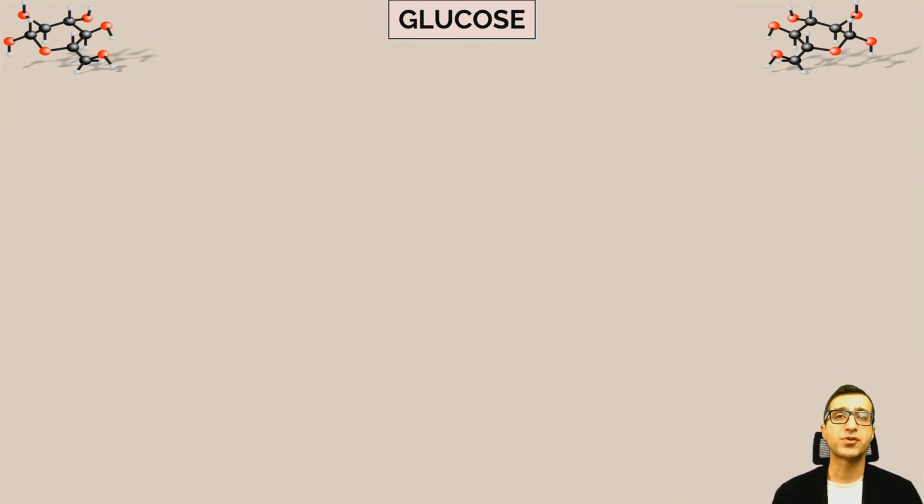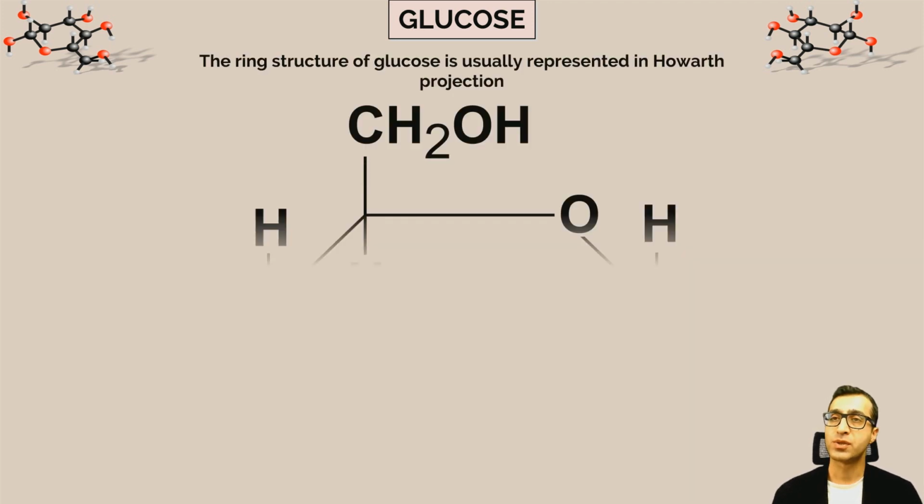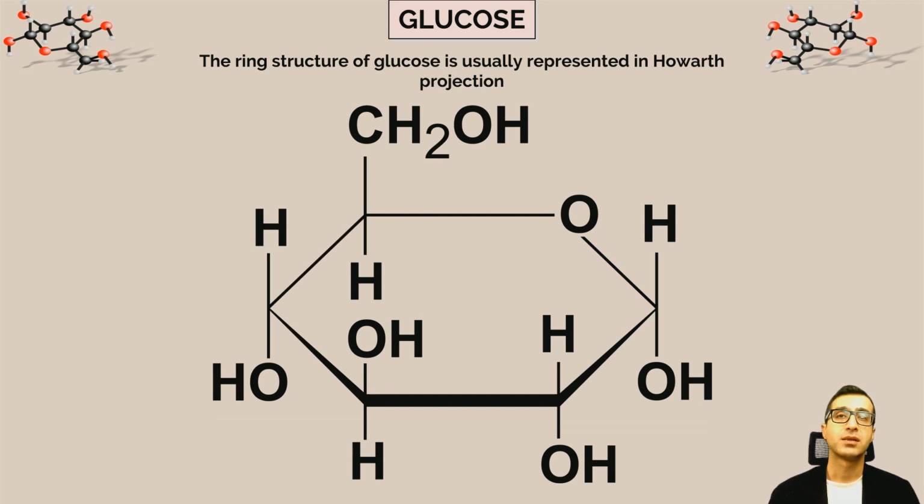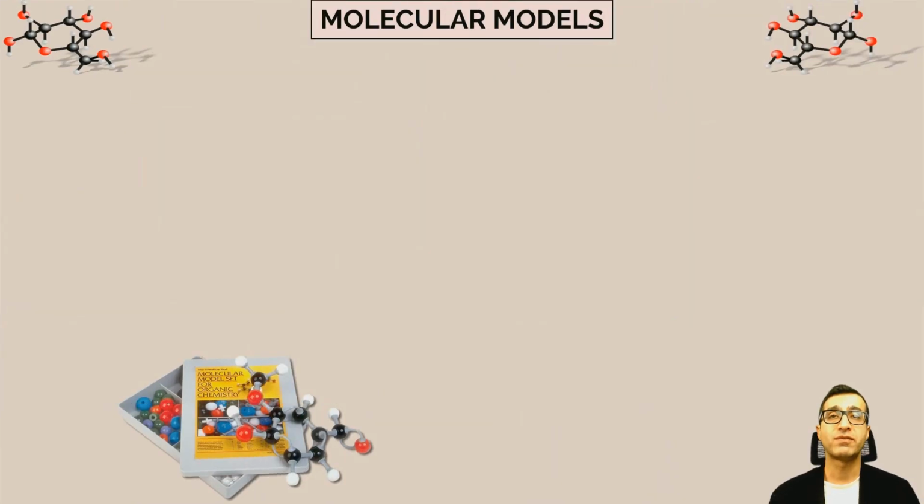So the ring structure of glucose is usually represented, as we saw in the previous lesson, by a diagram referred to as the Haworth projection. And so this is given here. Typically these projections can also be better understood by building molecular models. Many of you will have done this in either your chemistry or biology classes. You may well have built molecular models of various molecules with these.